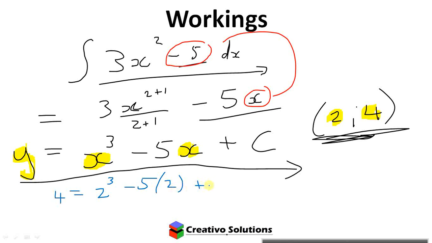Okay, 6 equals C. C equals 6 is correct. Good. Or 6 equals C, same thing.